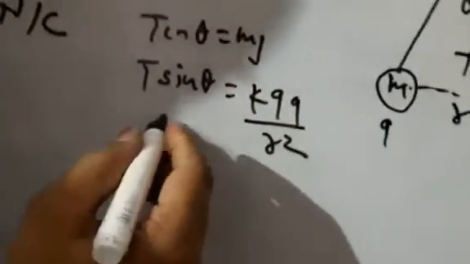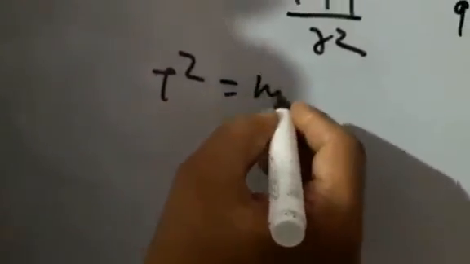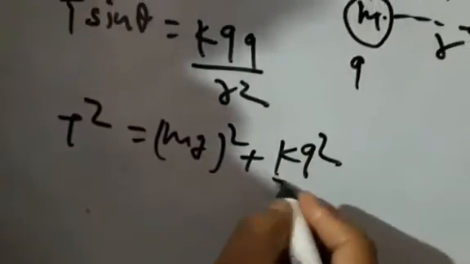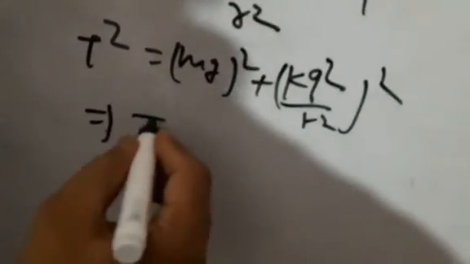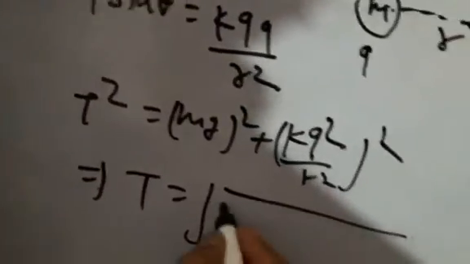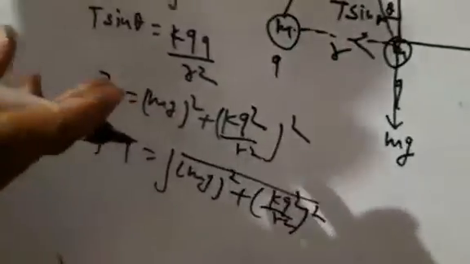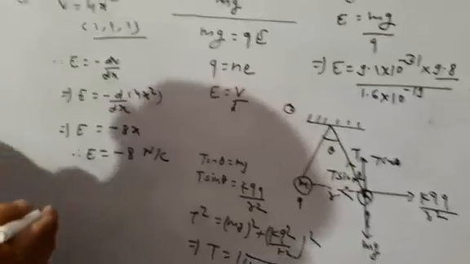Squaring and adding both results, T square cos square theta plus T square sin square theta, that means T square, is equal to mg square plus constant Q square upon R square whole square. Therefore, T equal to under root mg square plus constant Q square upon R square whole square. Some other questions we will solve in the next video.